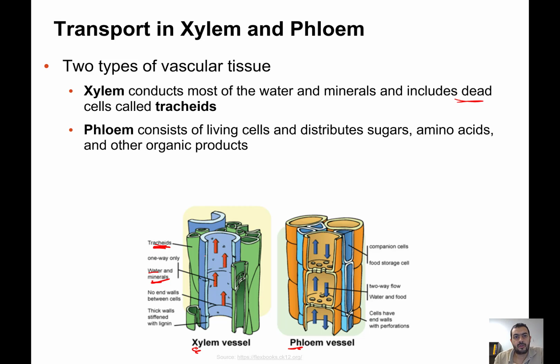And the second type of transport vessels is the phloem. In contrast to the xylem, phloem is composed of living cells, and these mainly distribute food. So we mean sugars, amino acids, other organic products of photosynthesis. They will be transported through the phloem.